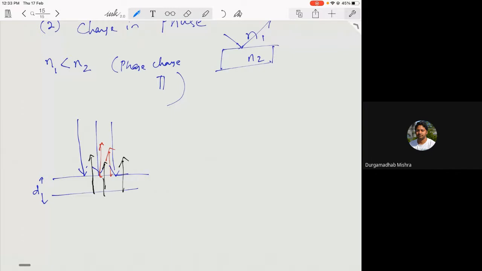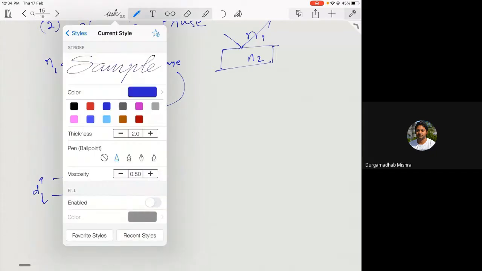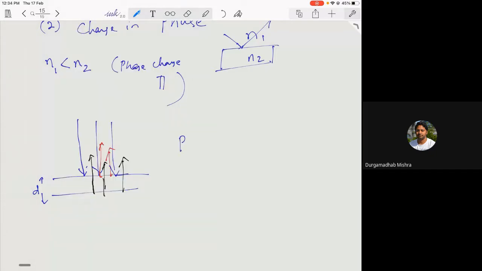In order to know the condition for interference, we need to calculate the path difference. So what is the path difference between the blue and the black one? The path difference delta will be nothing but n d, the optical path, plus lambda by 2.